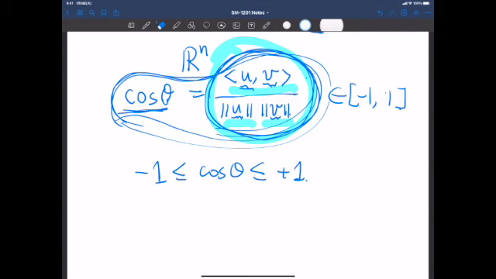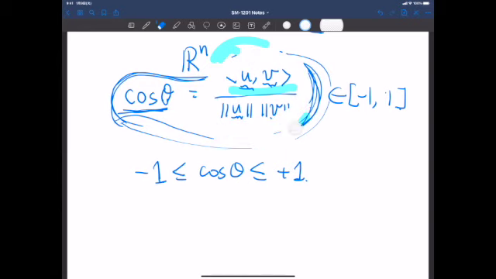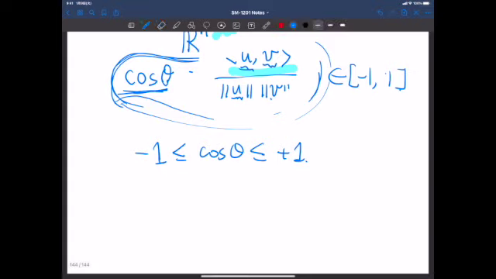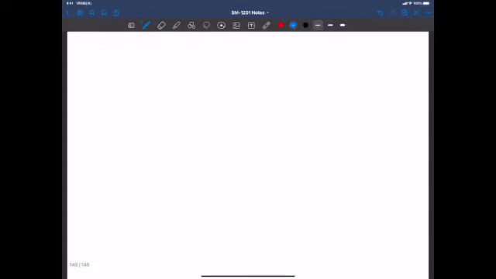There's no such theta that can satisfy this equation. So next we want to prove that this quantity on the right hand side is indeed between -1 and 1, and that is actually the result of the famous theorem called the Cauchy-Schwarz inequality.